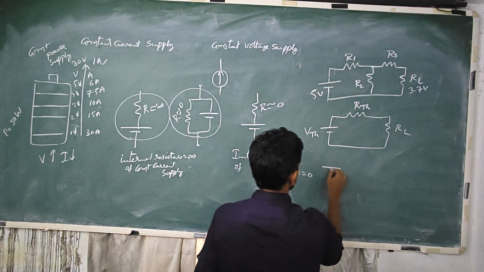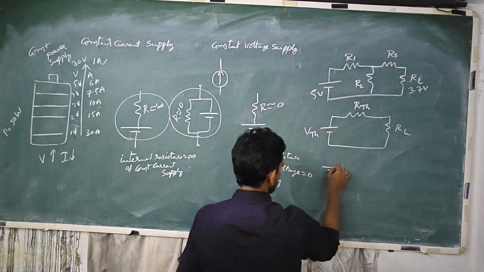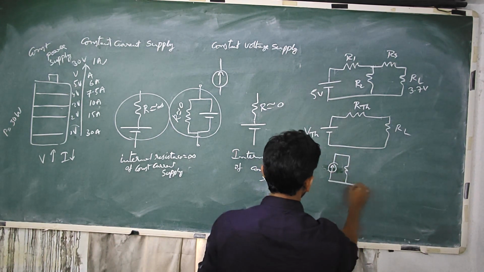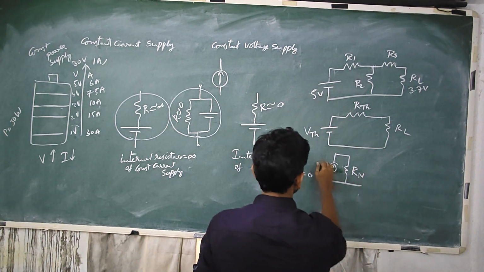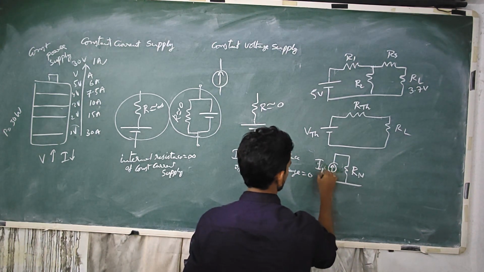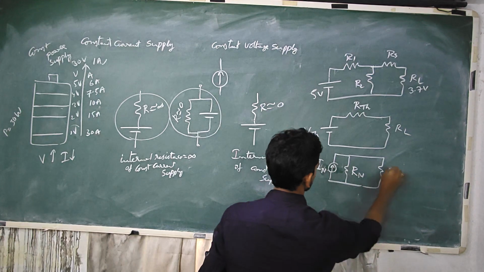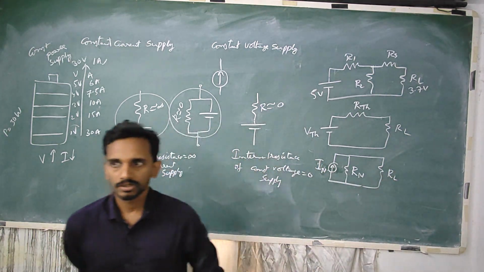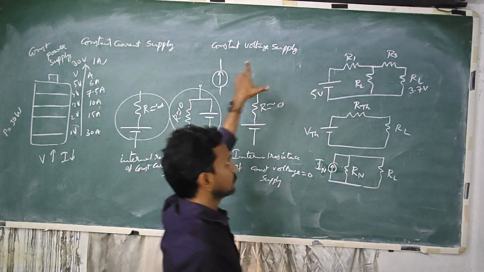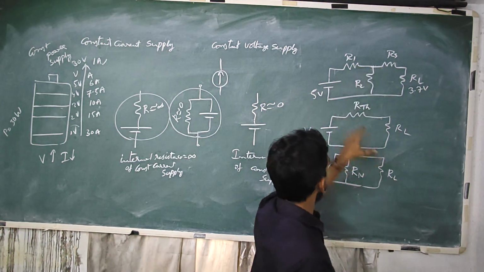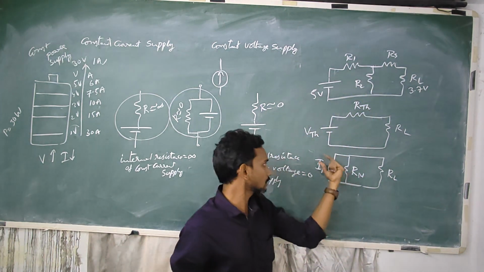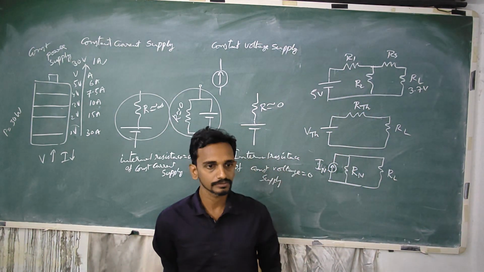This can also be replaced with a constant current supply in parallel with a resistance. That is the basic statement of Thevenin's theorem and Norton's theorem. So any complex circuit can be reduced to a voltage supply in series with a resistance, or a constant current supply in parallel with the resistance.